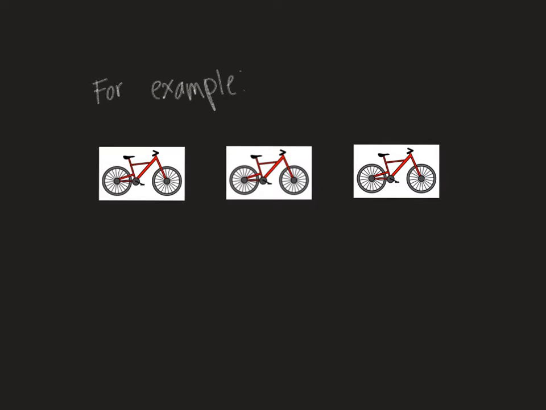For example, one bike has two wheels. Now, if we have three bikes, how many wheels are there in total? Now, we could say that we have 1, 2, 3, 4, 5, 6 wheels in total if we were to count them. But given our formula of the number in each group times the number of groups, we could say that each bike represents one group.